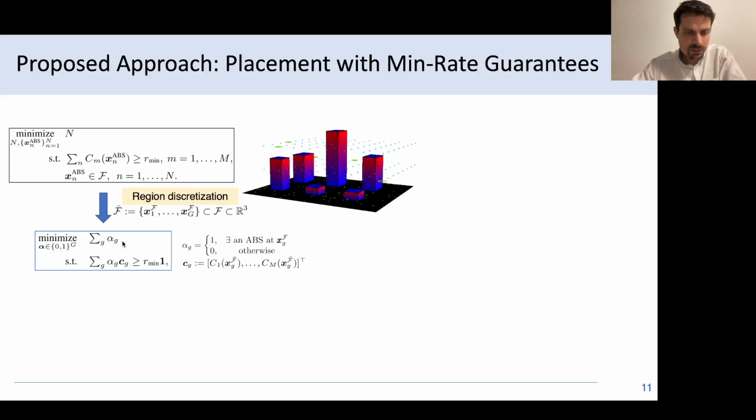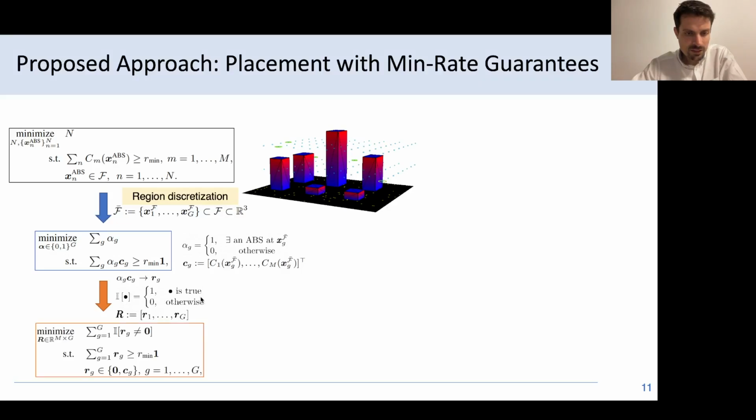Okay, so now we have that the number of UAVs is equal to the sum of these indicators. Okay, and if we change the variables in this way and define this indicator function, then this problem can be rewritten in this way.